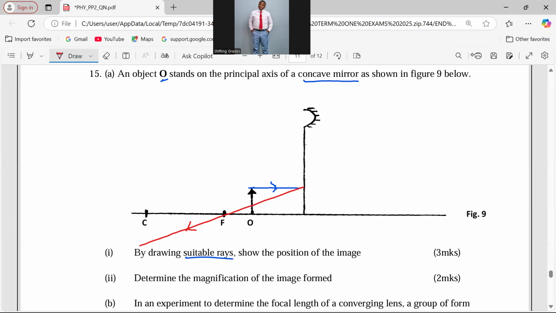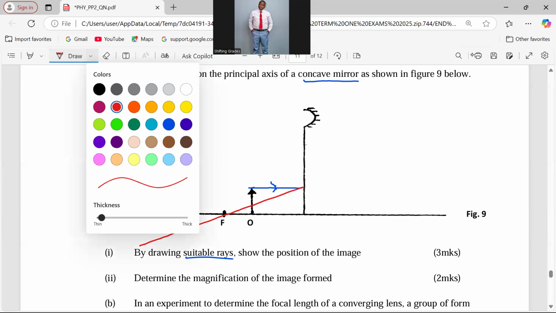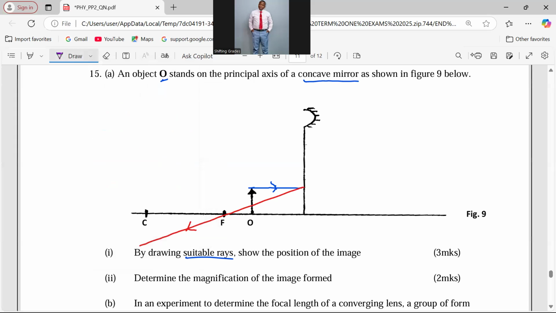There is also another ray whereby we say a ray which passes through the center of curvature, that is capital C, will always get reflected through the same path. So look at this.